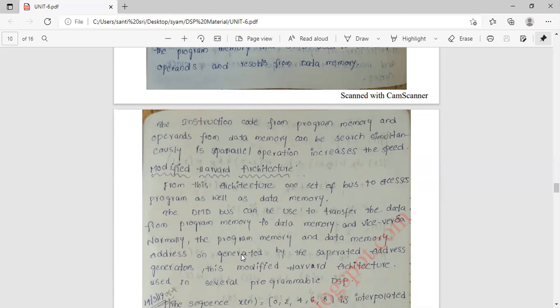This modified Harvard architecture is used in several programmable DSP processors.